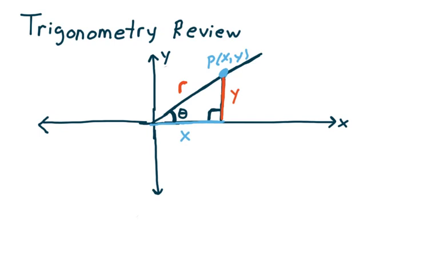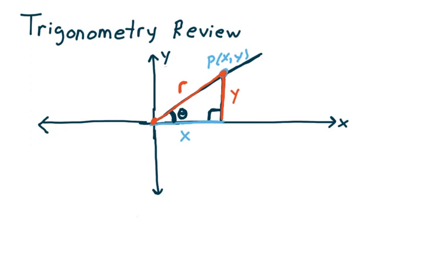Notice over here we have angle theta. In this visual, I'm assuming angle theta is acute, which just means it's between 0 and 90 degrees. Now, r represents the distance from the point (0, 0) to the point (x, y), right here.